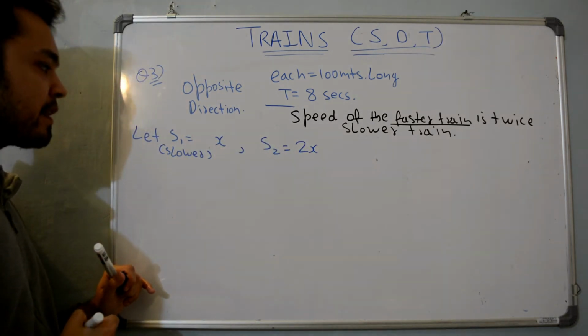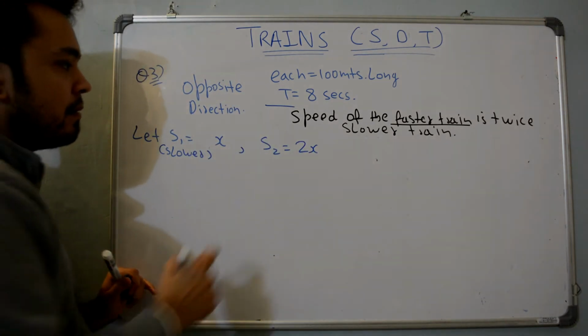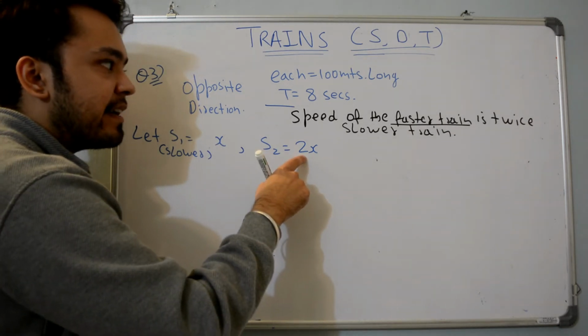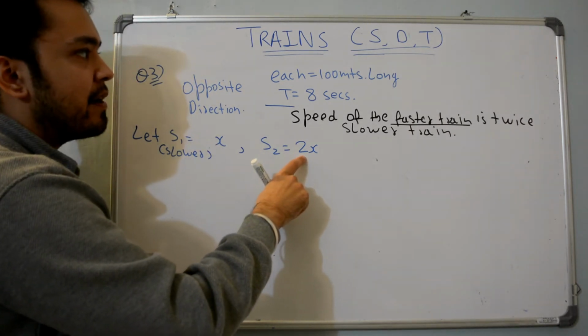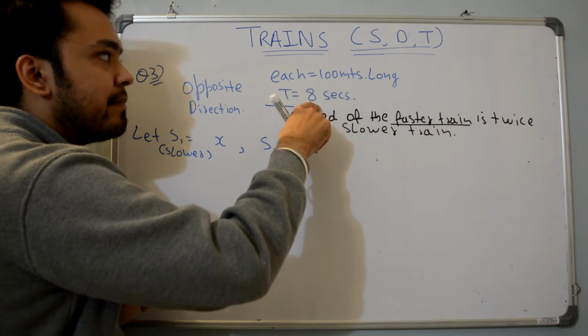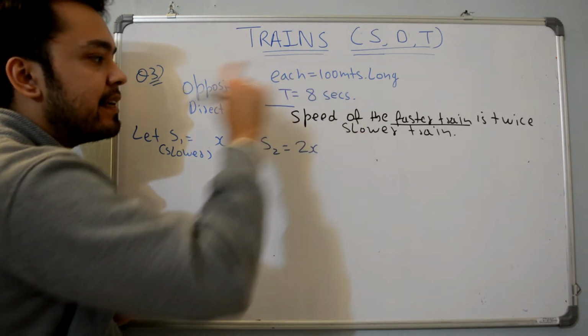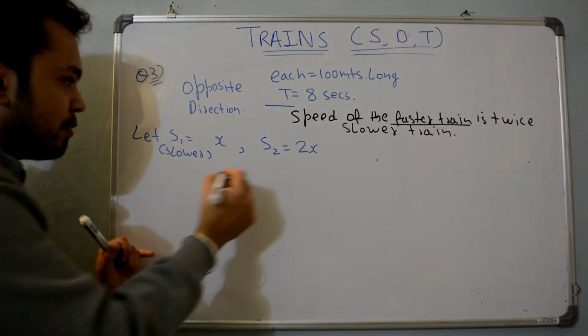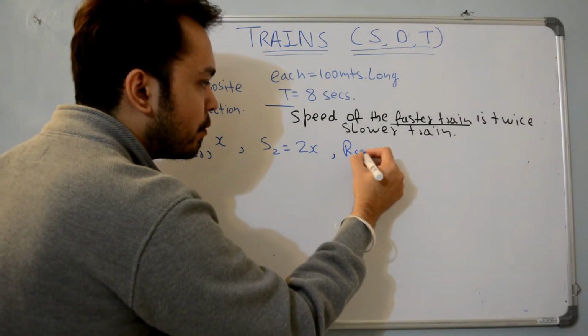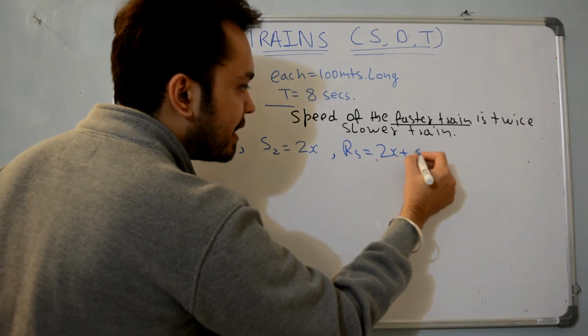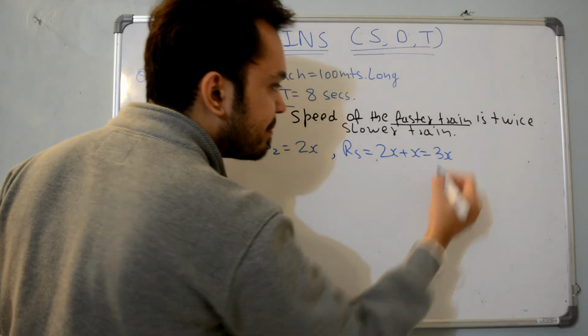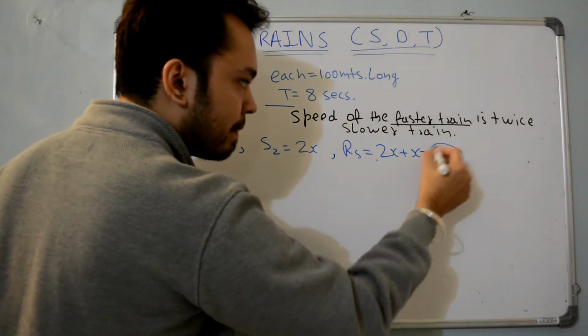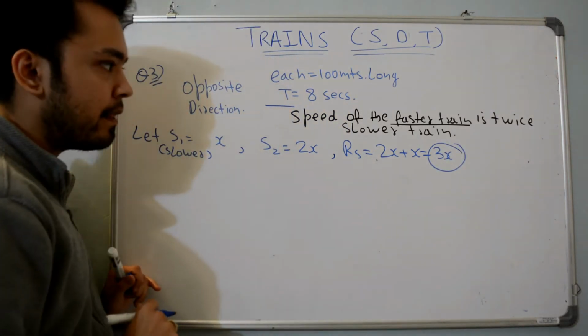Fine. Now mind it that the speed I have taken is in meters per second, right? Because I have given the time in seconds and the length in meters. Fine. So their relative speed will be 2x plus x, 3x meters per second. I hope that is clear.